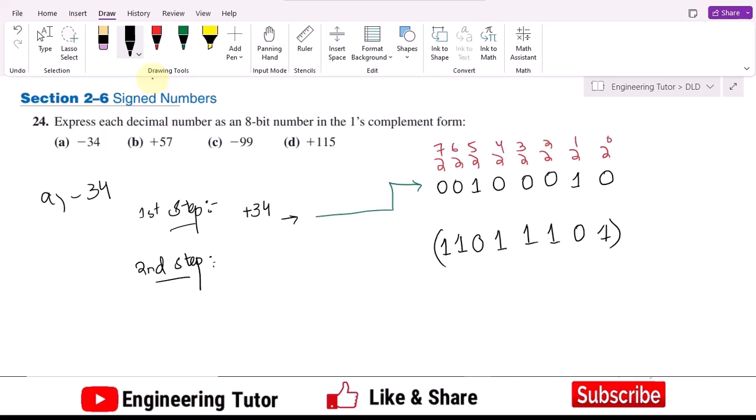That is the binary number which represents minus 34 in the form of its ones complement. That is the answer of part A.